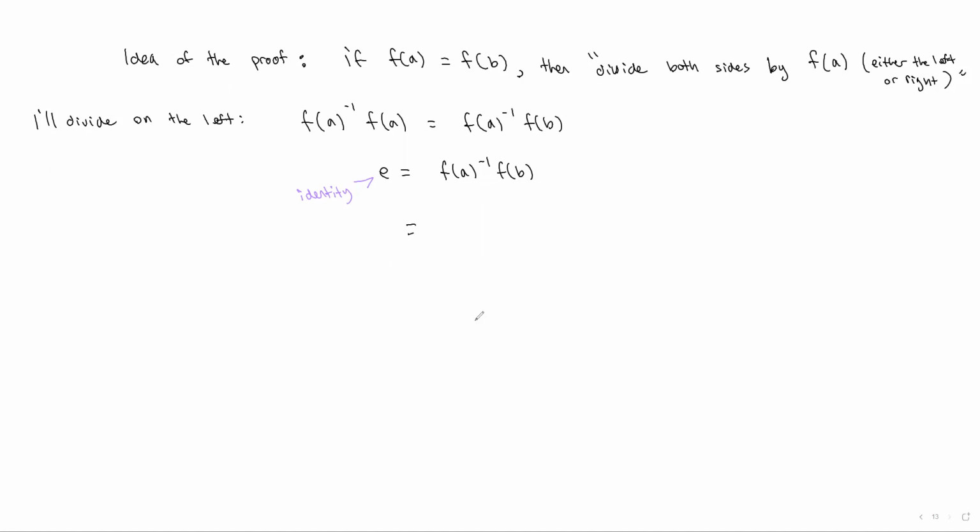If you have the inverse of f of A, that's the same thing as f of A inverse. And then f of A inverse times f of B is f of A inverse times B. So the f can kind of just be moved around. This is because f is a homomorphism.